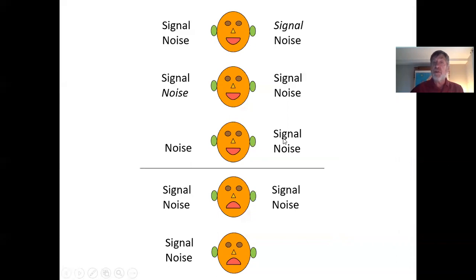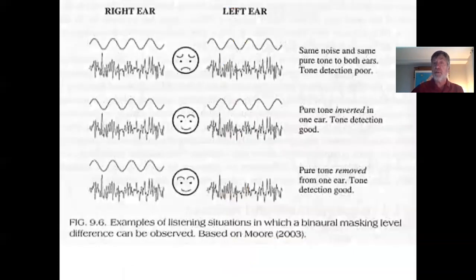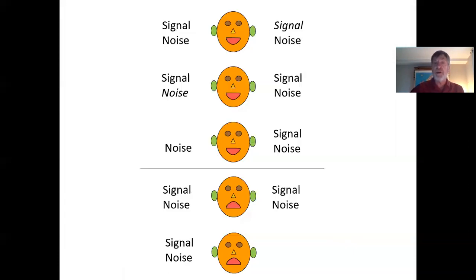If the signal is present and it's removed out of this ear, but the noise is identical, you're happy. That's like this example here. Okay, so when you get to having everything identical, you're not happy. And look at the bottom one. If you've only got one ear, there's nothing to compare between ears, you're not happy.